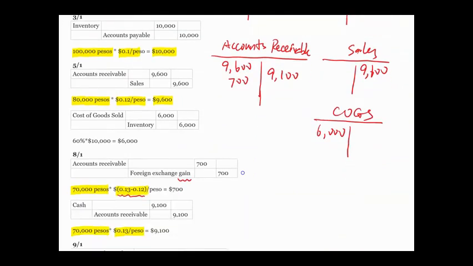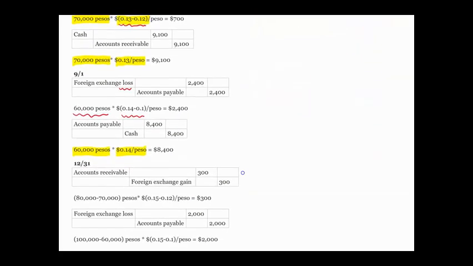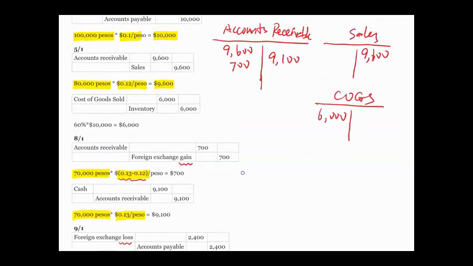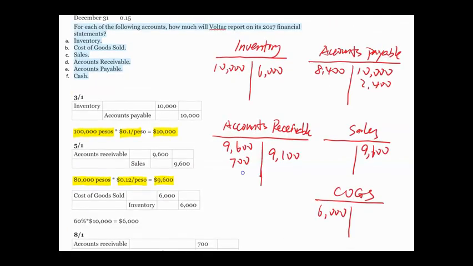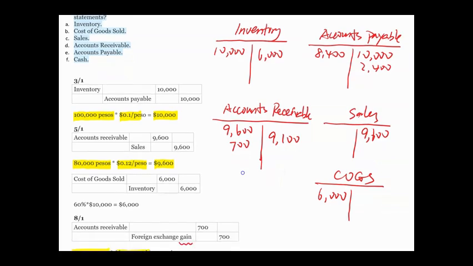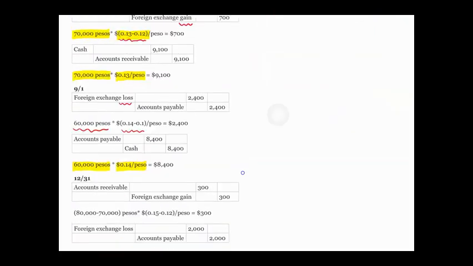Okay, so let's move on to the end of the year, December 31st. Because the exchange rate keeps increasing, and also because the company still has some accounts receivable and accounts payable on their balance, that's going to impact their current book value if we revalue their amount in foreign currency.